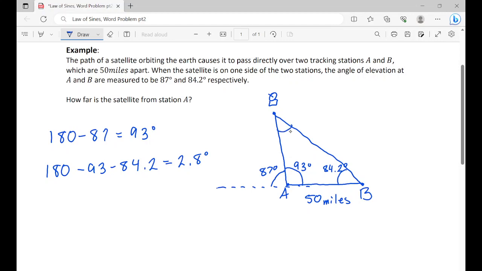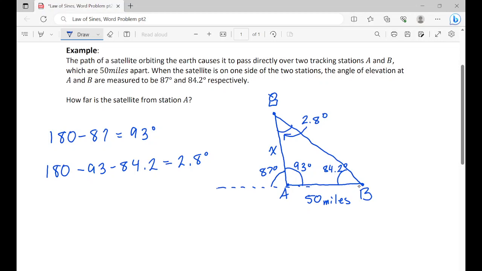So this angle measurement here is 2.8 degrees. Now that I have this angle measurement and its opposite side, I can figure out the length from station A to the satellite, so this unknown length.